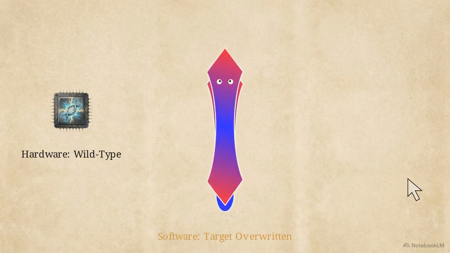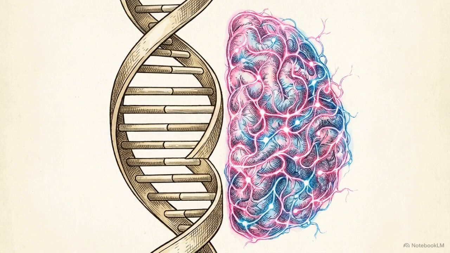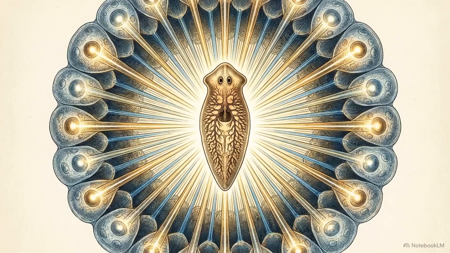Following this new target, the collective physically constructs a two-headed flatworm. The underlying DNA, the physical hardware, remains wild-type. However, the software state has been permanently altered to a counterfactual memory. These bioelectric targets prove that anatomy is explicitly programmable. Physical form is a software consensus rather than a genetic mandate.